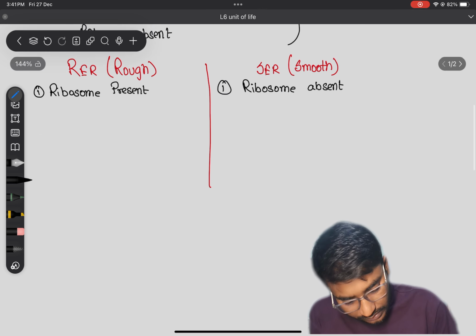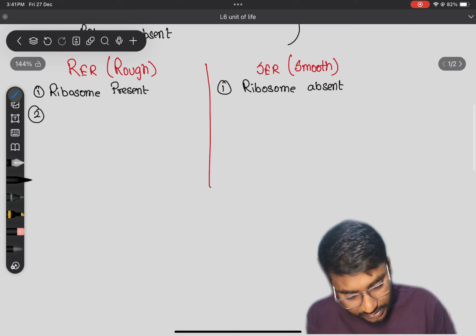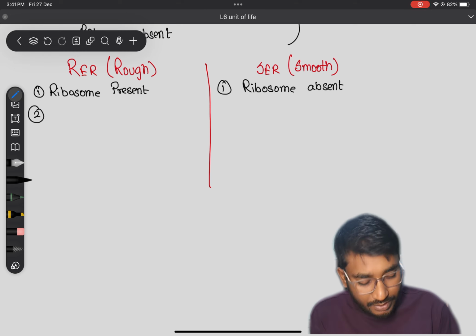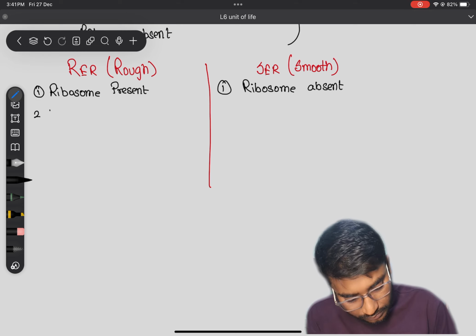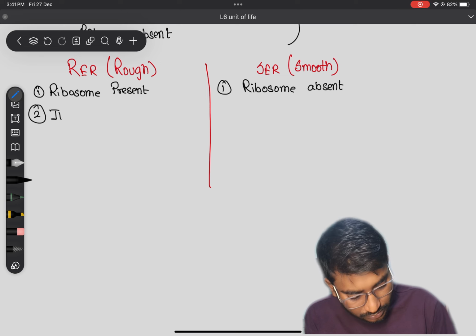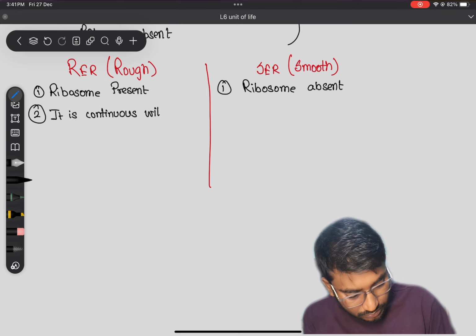Here it is continuous with outer nuclear membrane.